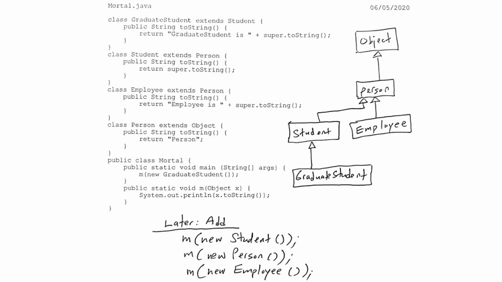Therefore, before it can create the graduate student object, it must create student. So the constructor will go to the class student and try to find the no argument constructor of student. There is none, which is okay. The compiler will create one automatically.